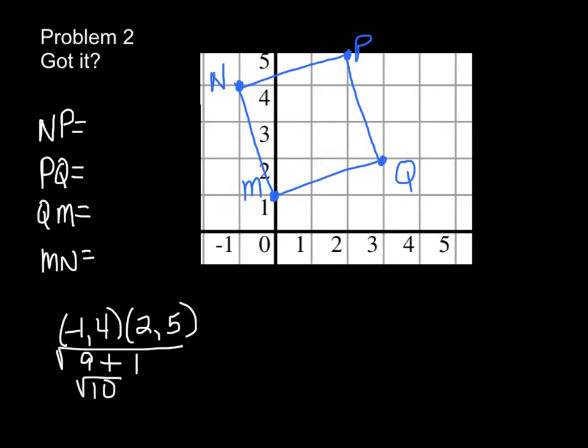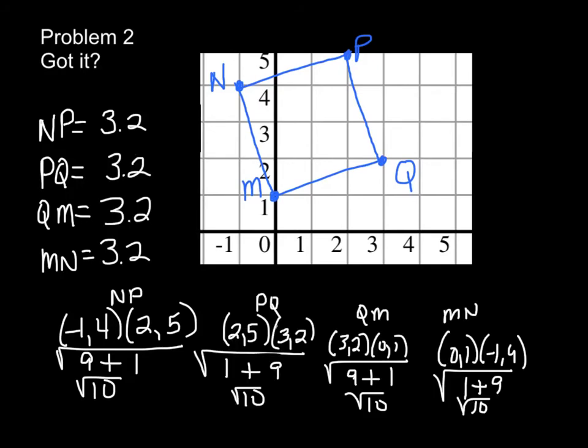So we take the square root of 10, and the square root of 10 is approximately 3.2. I'm going to do the same steps for the remainder of the sides. So we find out by following the steps for the distance formula that all 4 sides are equal. Therefore, we know so far the opposite sides would be equal.